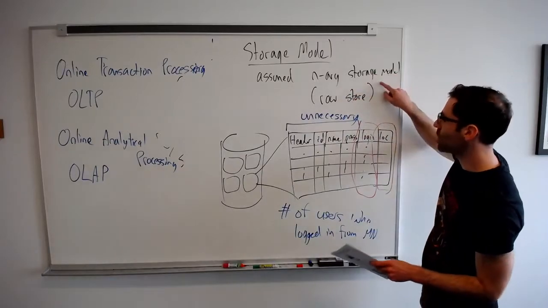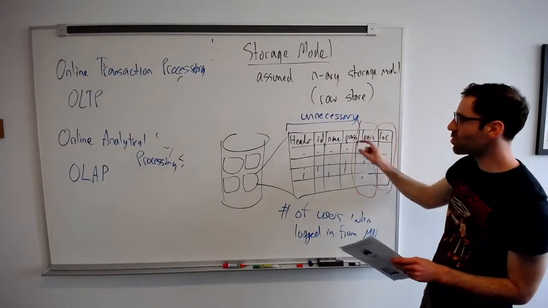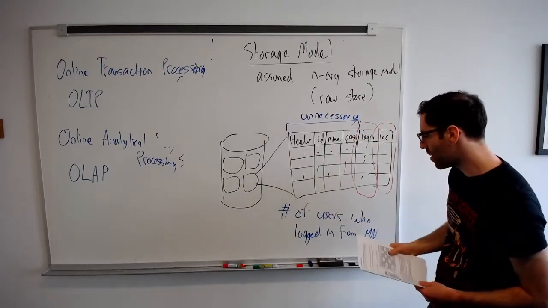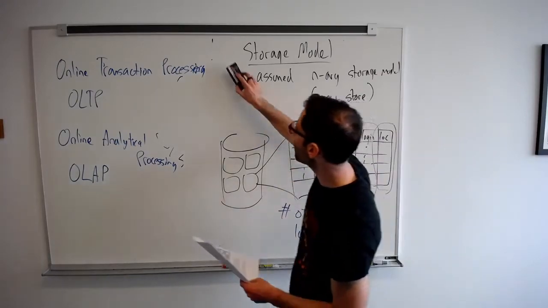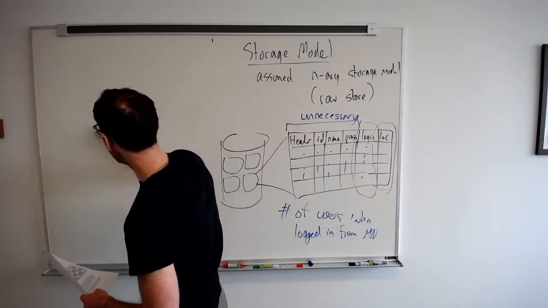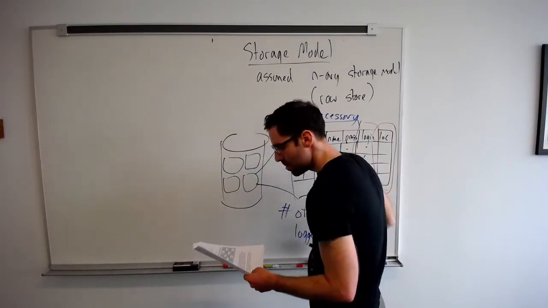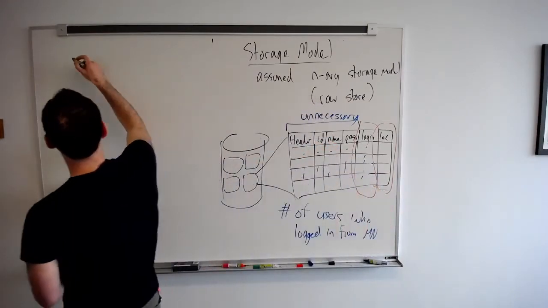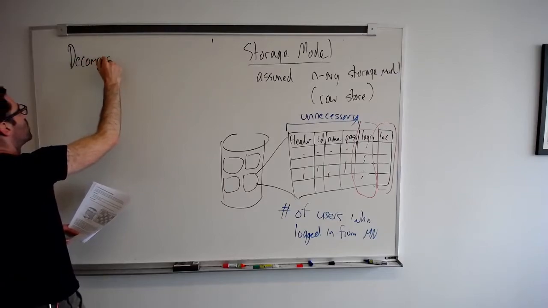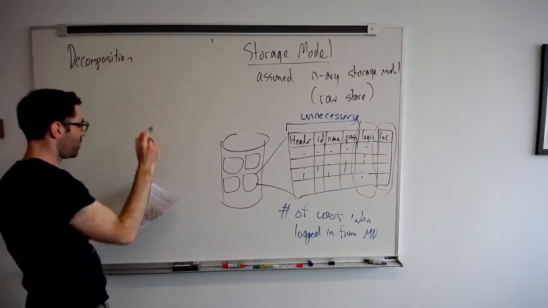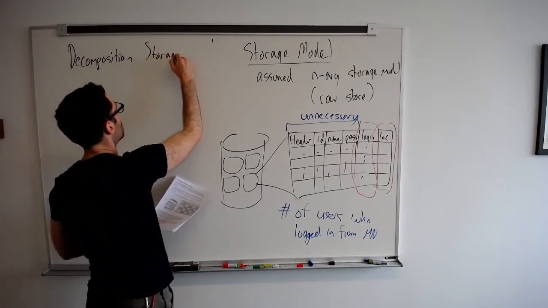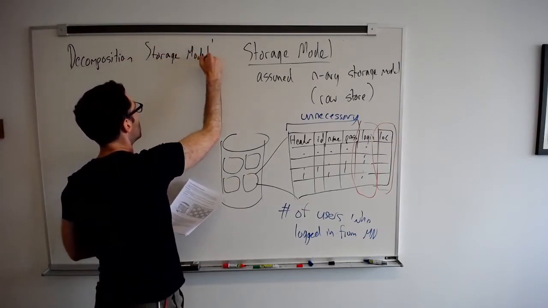and this N-ary storage model, where we store the entire tuples contiguously, is not going to be the best choice. What we will want to do instead is use the decomposition storage model.